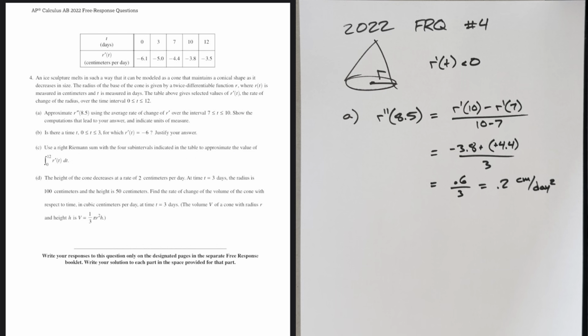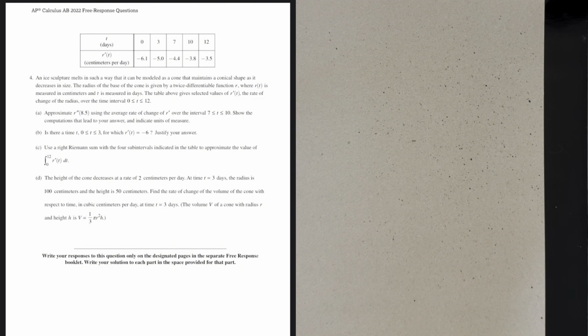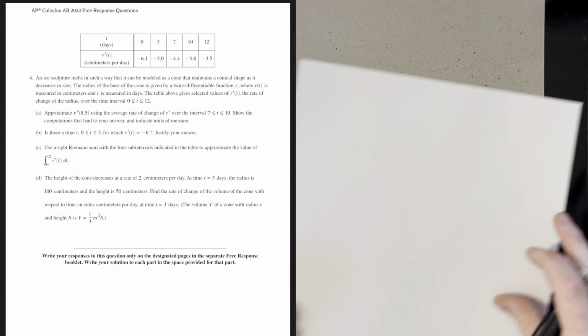So 8.5 is halfway between 7 and 10. If they wanted you to approximate it between 3 and 7, those are two more values on the table, they would ask you to approximate r double prime of 5. It's always going to be halfway between. It's just kind of how the AP rolls, so it's good to know that as well. But we'll move on. Part B.